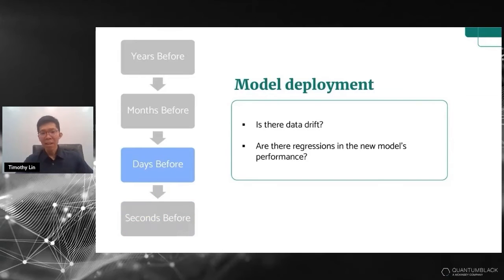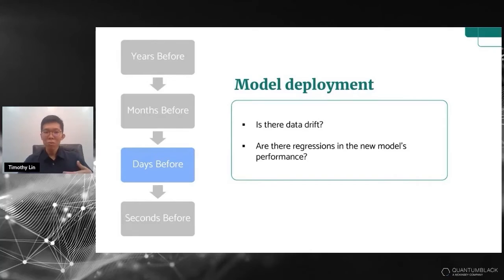We can take a step back and look at the model deployment process and ask whether there's any data drift. Right? We can also look and ask whether there has been any regressions in the new model's performance. So there's a slight dichotomy between the two. If a model is not being updated, you can expect there to be a lot of data drift, and maybe now the new customers that are applying are no longer representative of the old data that the model was trained on.